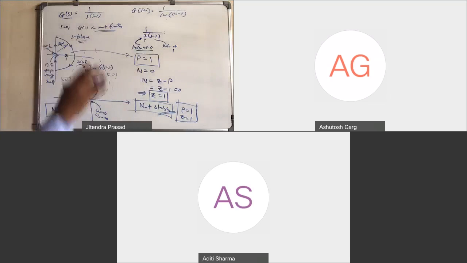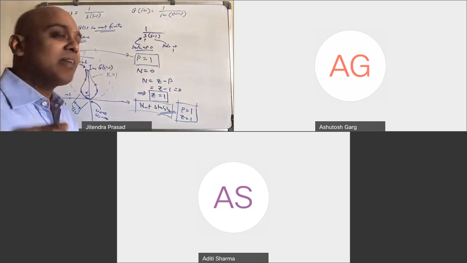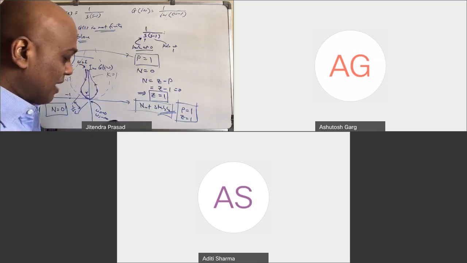So this tells you this is the final in which the K value is not there.